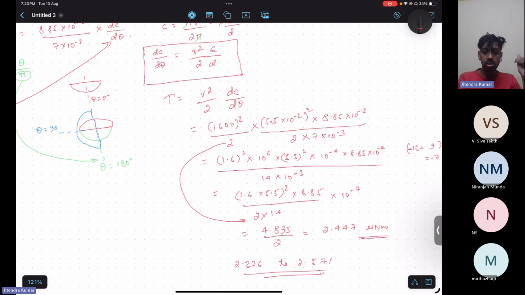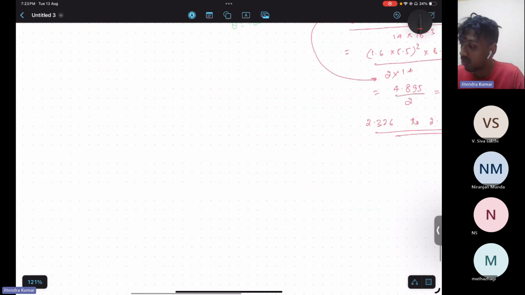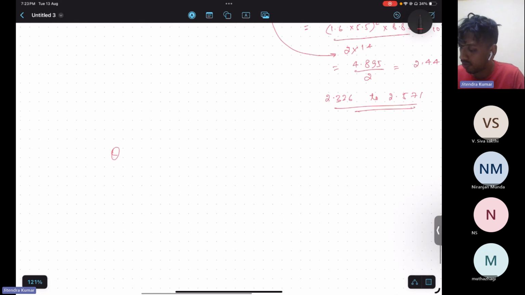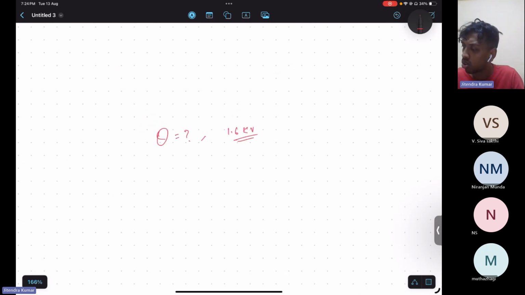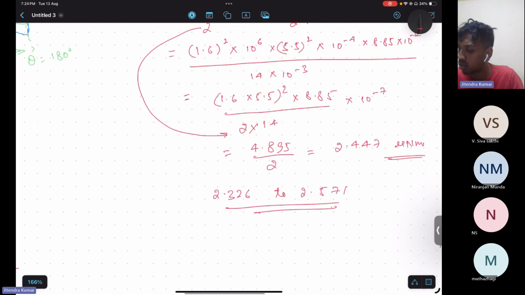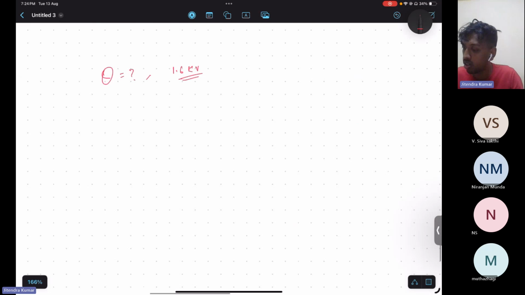So let us move to the last question of assignment one. We needed to calculate the deflection theta if 1.6 kV voltage is applied. So how to calculate theta? We have torque, we have a spring constant, so we can calculate theta. The torque we have calculated is 2.447 micronewton meter.